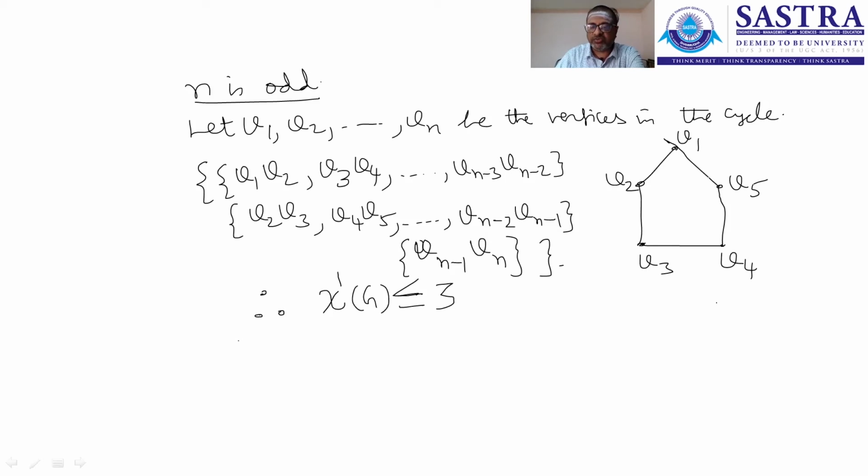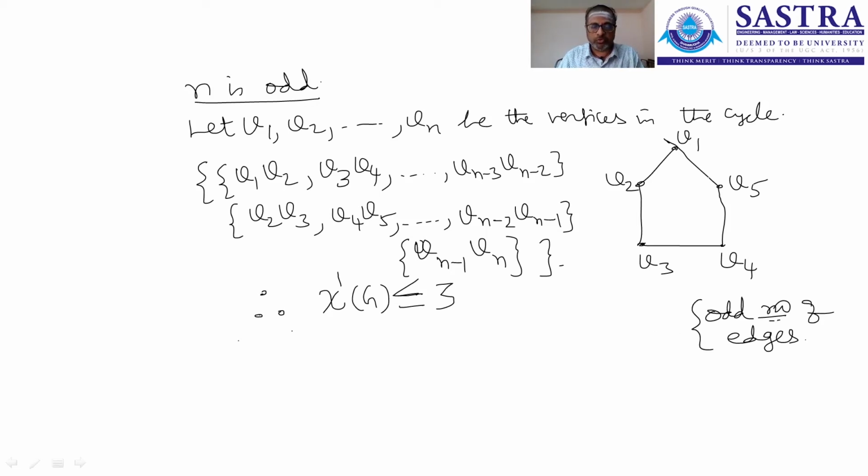Now if you look at these edges, you have an odd number of edges. When I take an odd number of edges, I have to see that the coloring is 3.